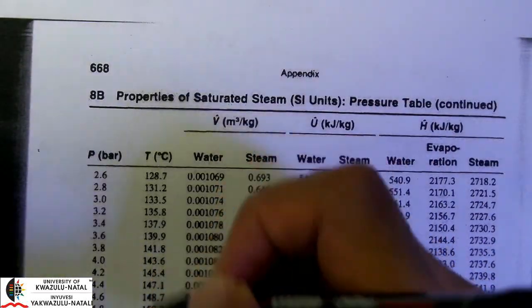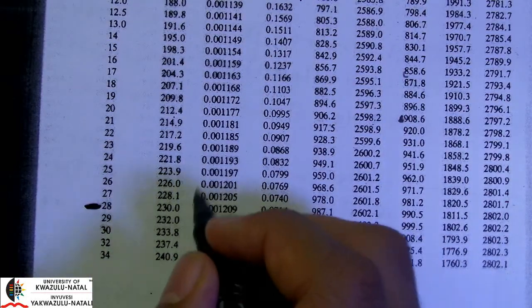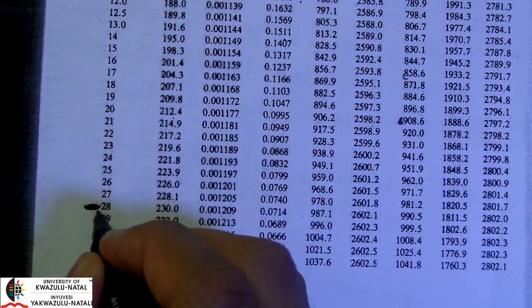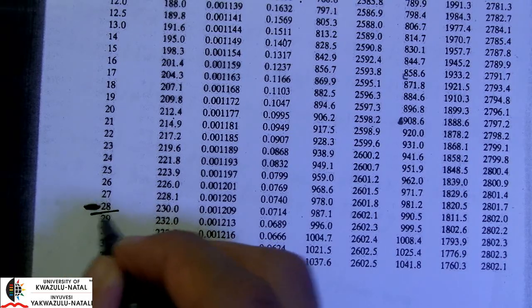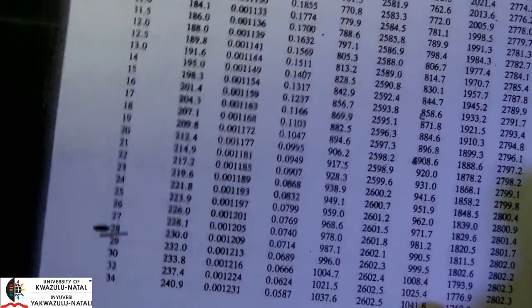Okay, so let me just zoom in a bit. So at a temperature here of 230 degrees, we can immediately determine our pressure to be 28 bar. We can also obtain all of our other information.